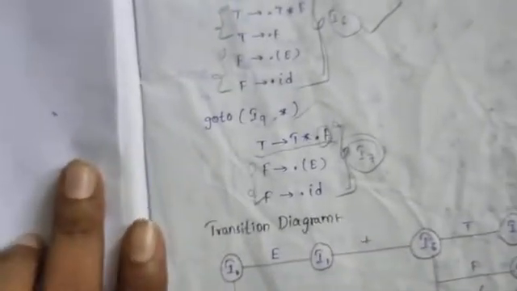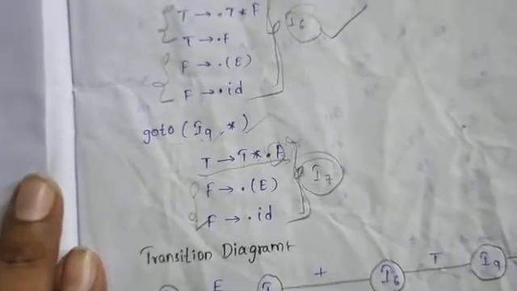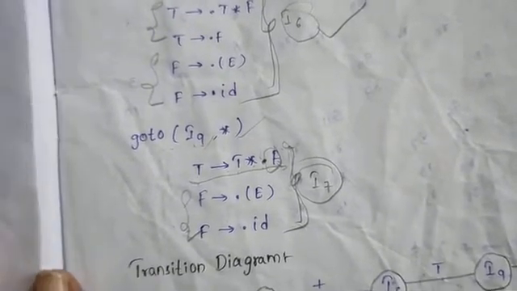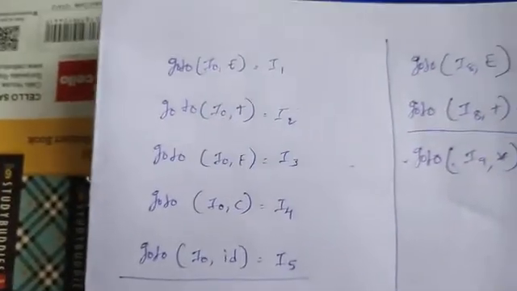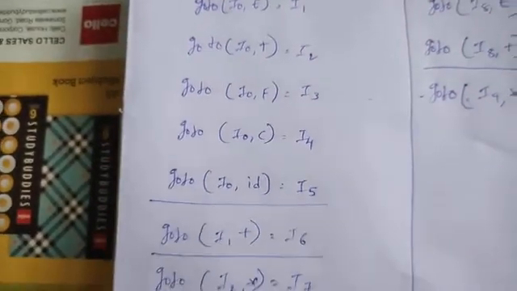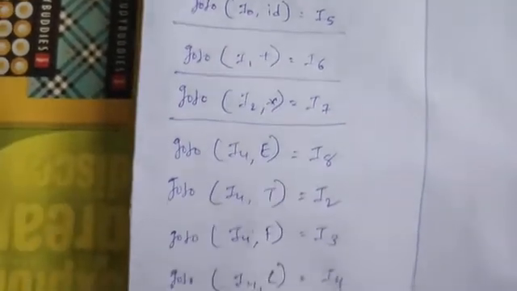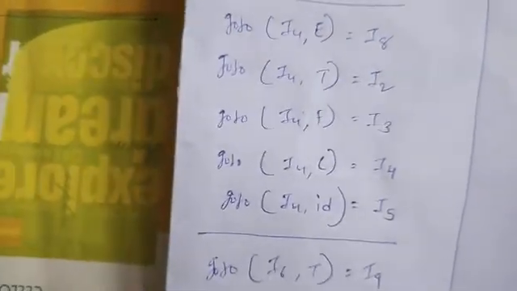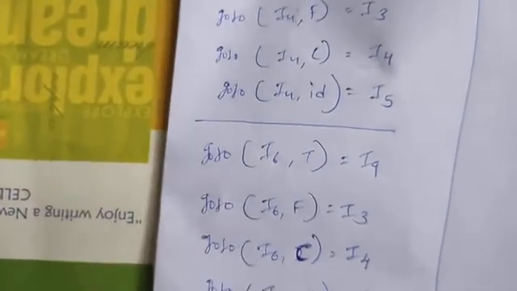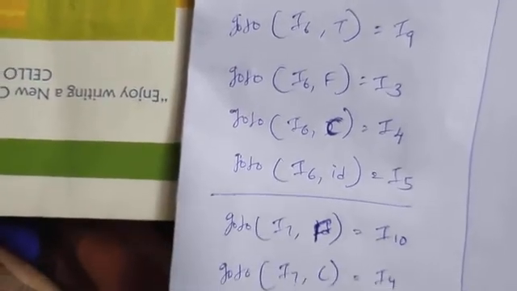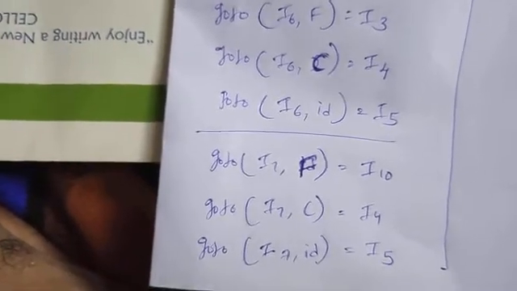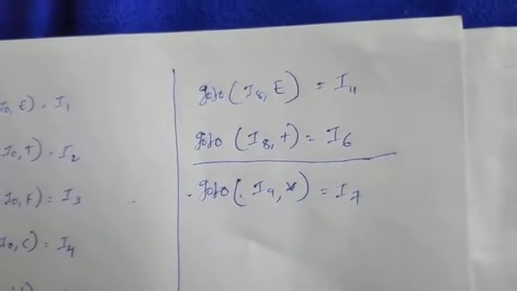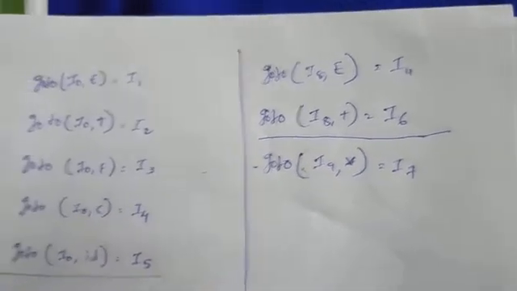So after completion of go to statements, we need to write down all the go to statements in one place, from the starting to the last production. That is nothing but I0 up to I9. You place all go to statements on one page.